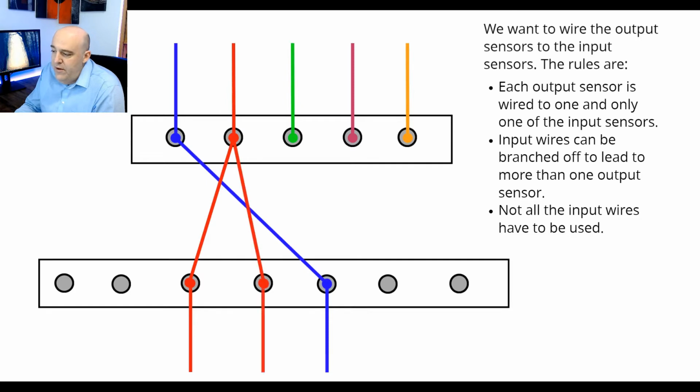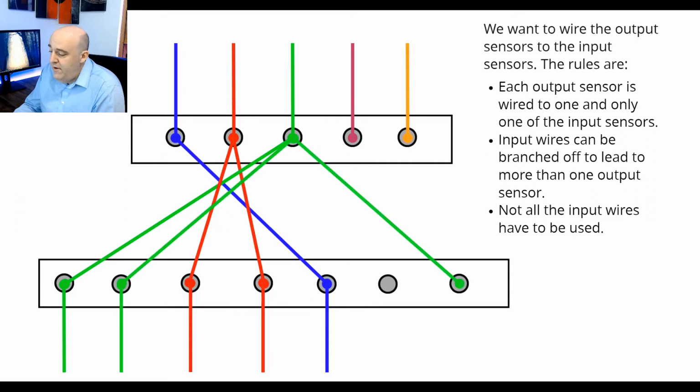So let's say we extend the red wire to go to 2 different output nodes. That's allowed. And similarly, let's take the green wire and extend it down to this first output sensor and maybe the second and the last one as well. That's allowed. We're branching off to 3 different output sensors from 1 input sensor. That's fine. And then finally, let's take this orange wire and extend it to this second last sensor here.